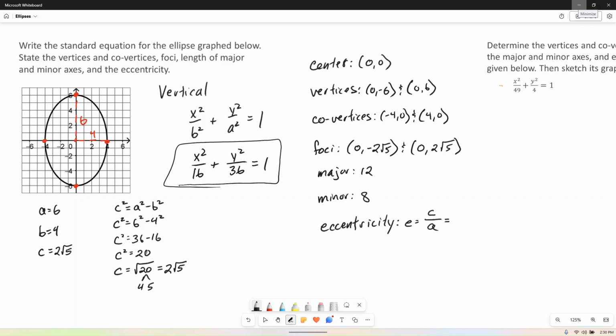So the eccentricity is going to be 2 square root of 5 divided by 6. We could go ahead and simplify that, or we could just plug it into our calculator. So 2 square root of 5 divided by 6 is going to be roughly 0.75.